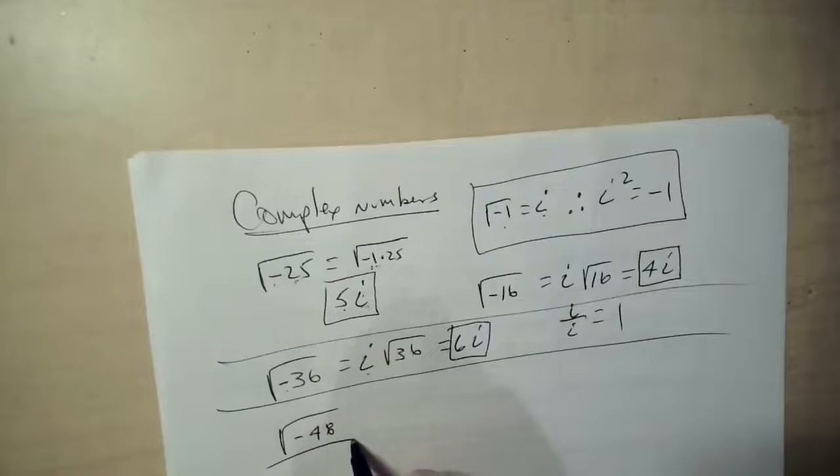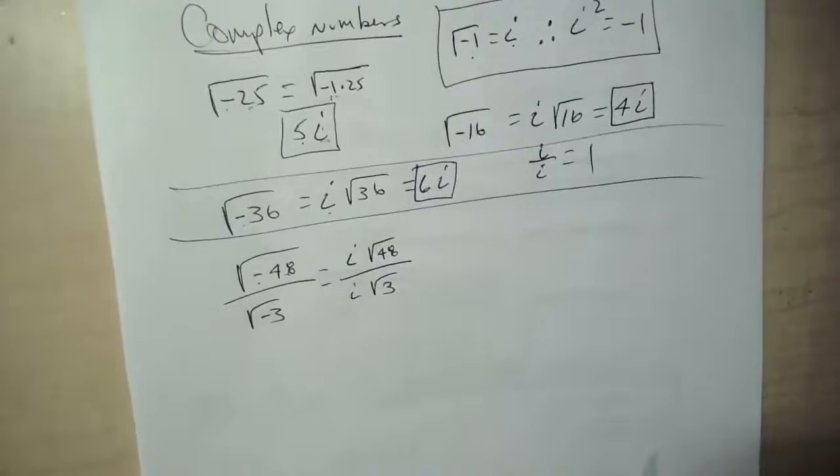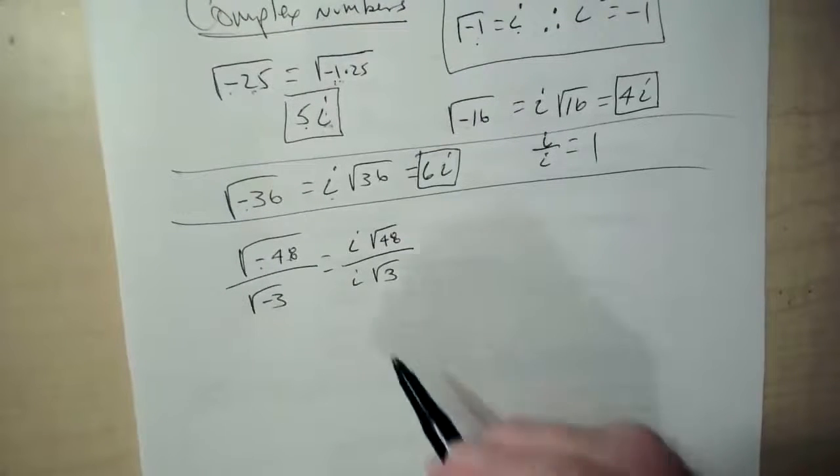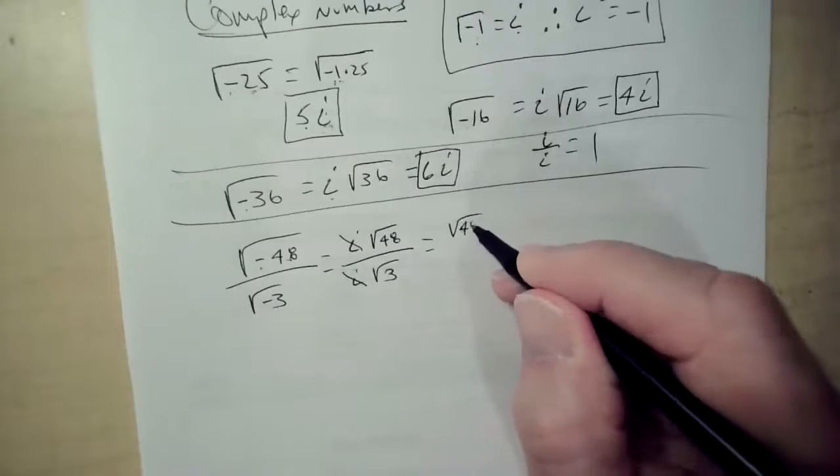Okay, so if we have this, the square root of -48 divided by the square root of -3. Now we can factor this into something that we can deal with, but let's just leave it like this for right now. We're going to bring the i out. Right? Now the i's cancel each other out.